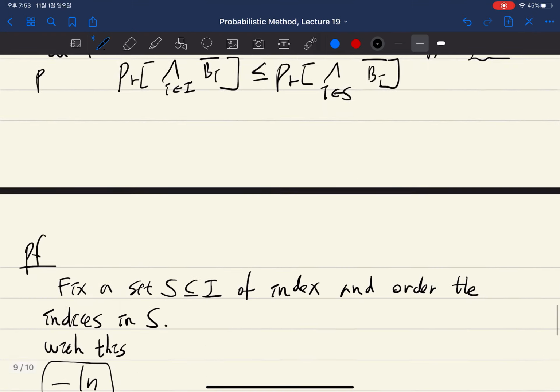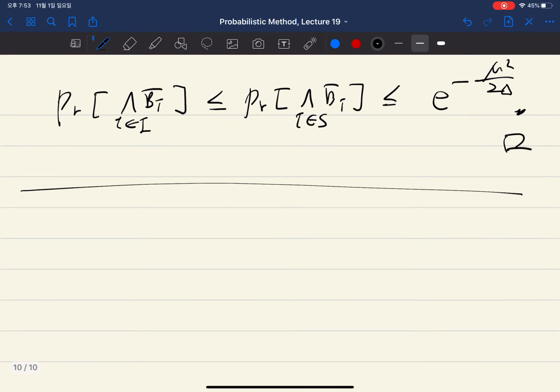So we might wonder, okay, we have these events B_1 to B_i, where i is some index.